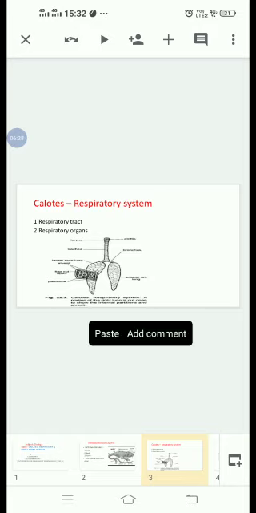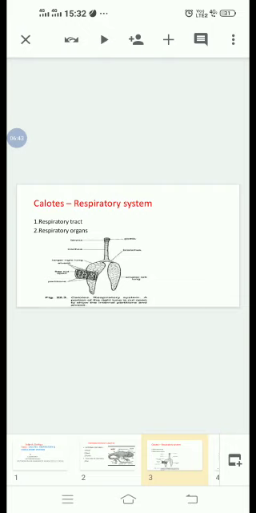The respiratory tract starts with a pair of external nostrils located at the tip of the snout. They open into the buccopharyngeal cavity through the internal nostrils.